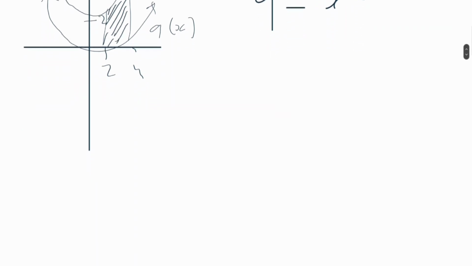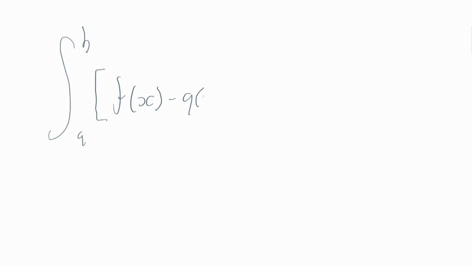Perfect. So our formula for two lines and finding the area between them is this. It's the definite integral from a to b, still the same, but this time it's not by f of x, it is by f of x minus g of x, and then dx.